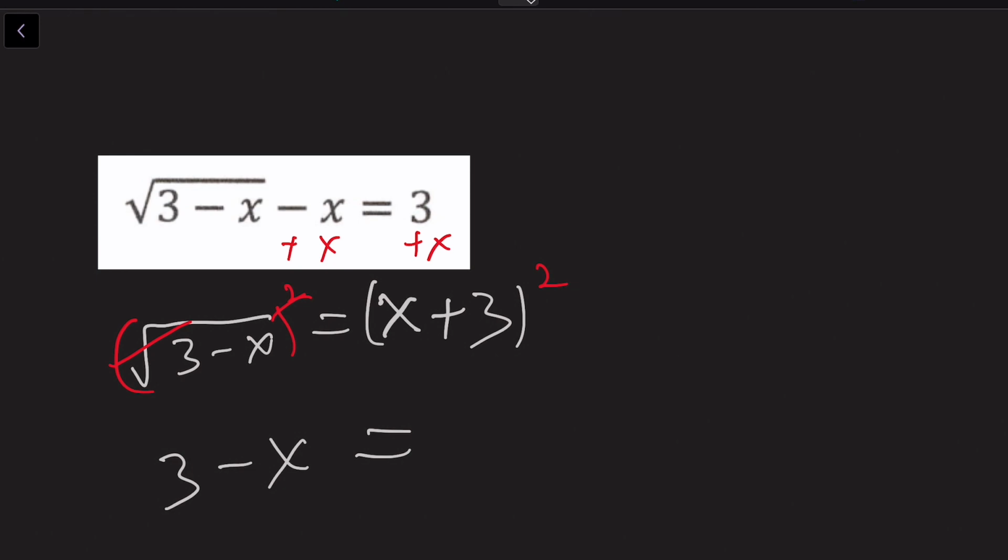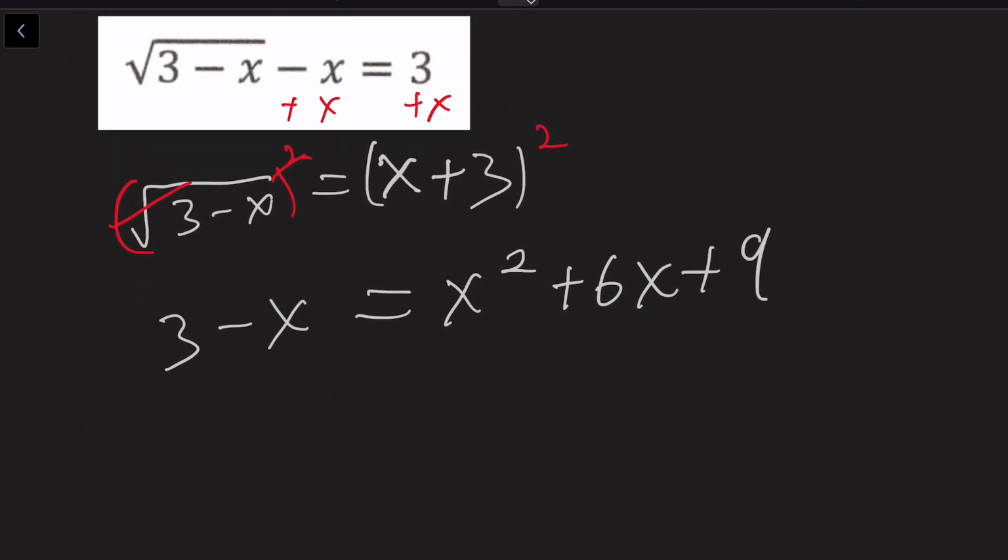We have to FOIL this, so we have to multiply the outsides, insides, and the middles. This is going to give us x squared plus 6x plus 9 when we expand out.